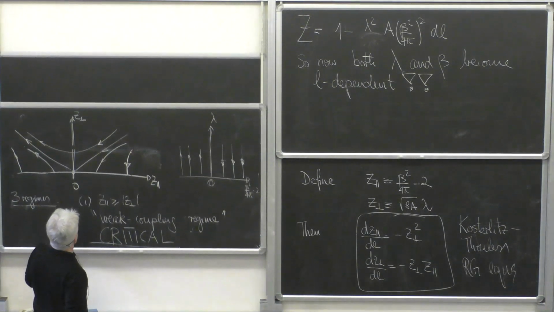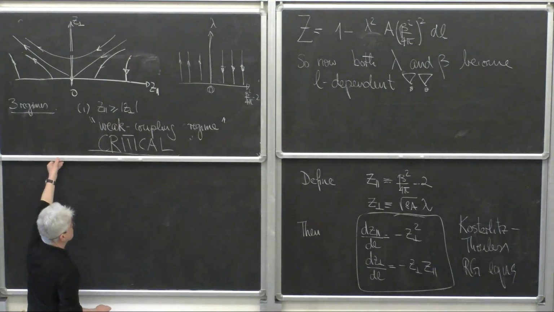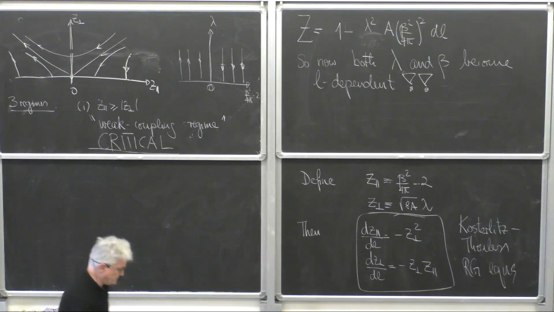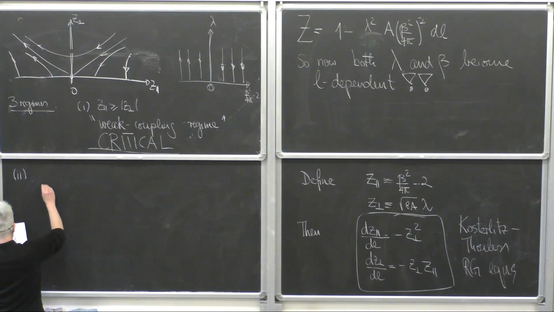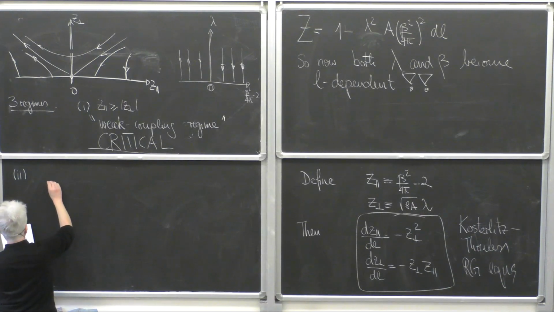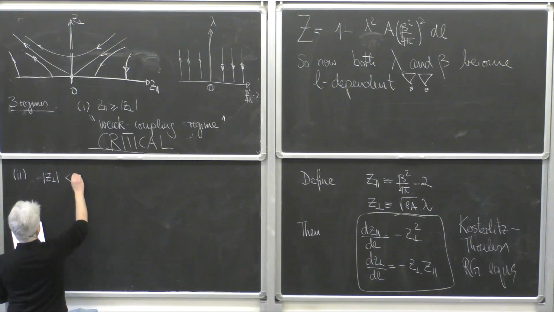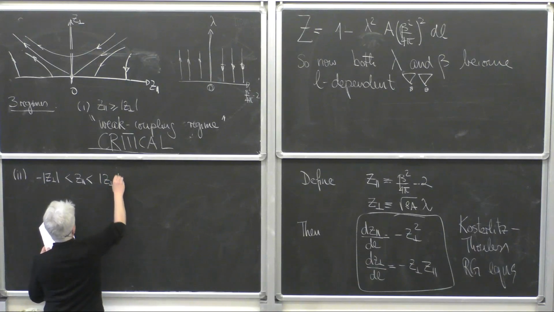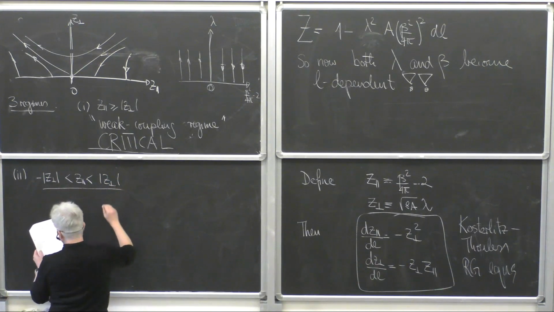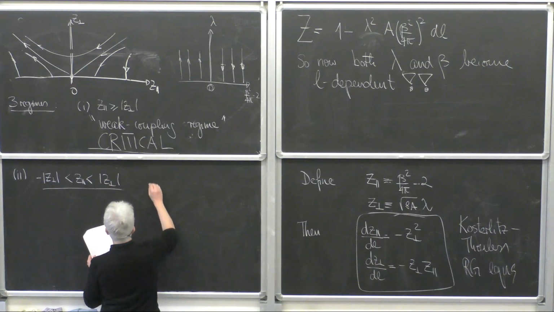Now there are two other regimes. There is the so-called crossover sector. So there I have minus Z perp less than Z parallel less than Z perp. So that's the crossover sector.